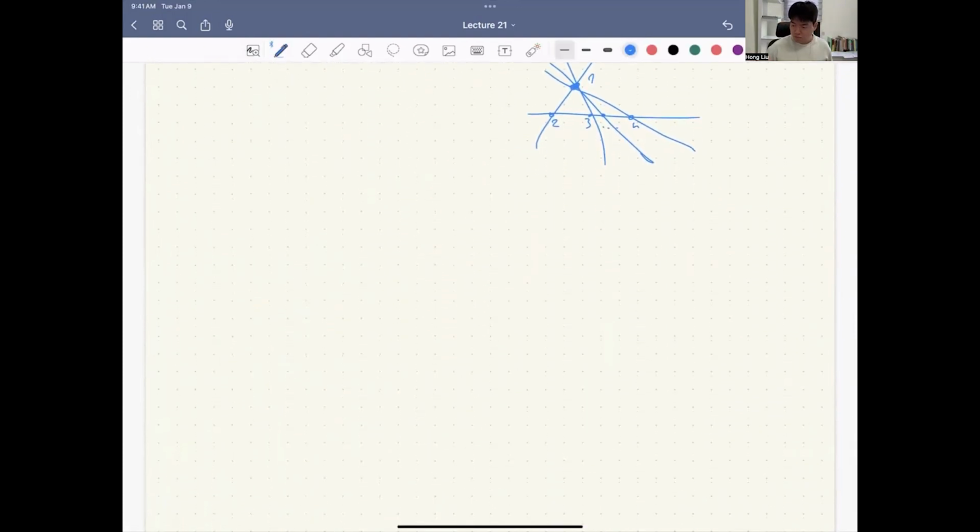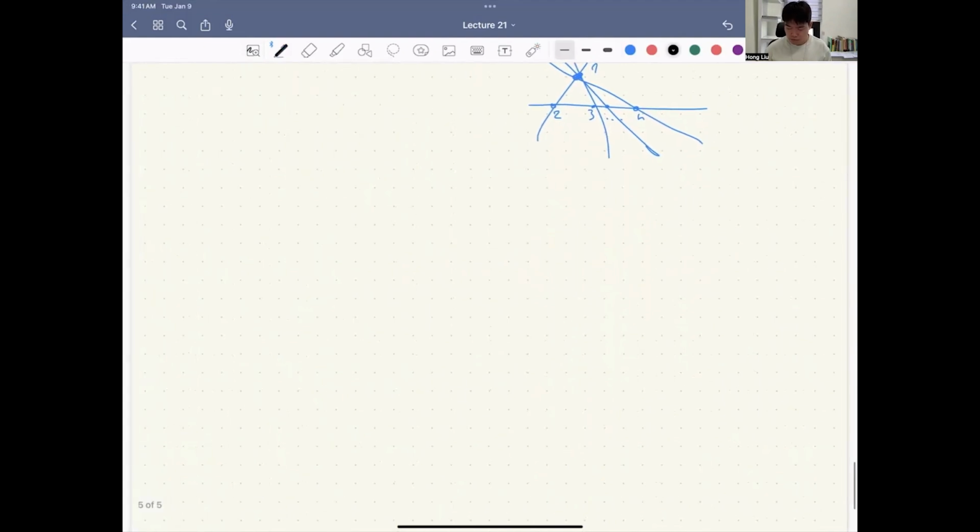Next example of a dimension argument is a set of points in Euclidean space such that if you look at pairwise distances, you only get at most 2 distinct distances.